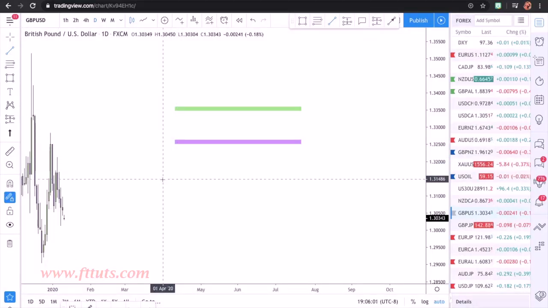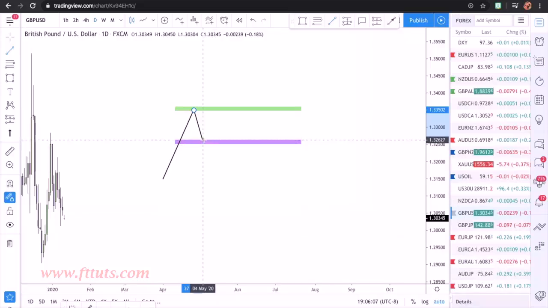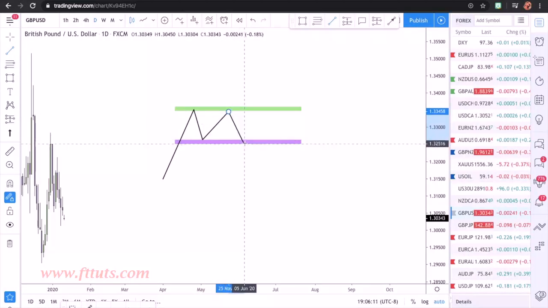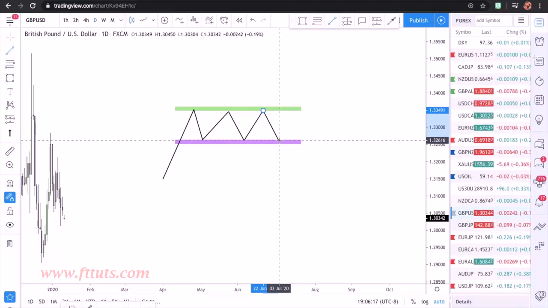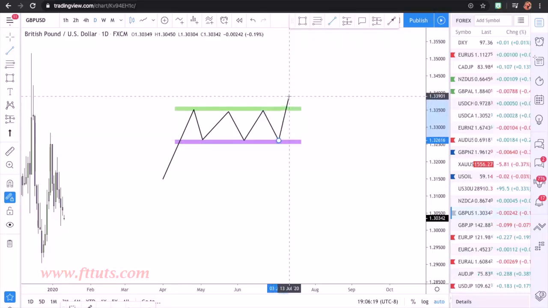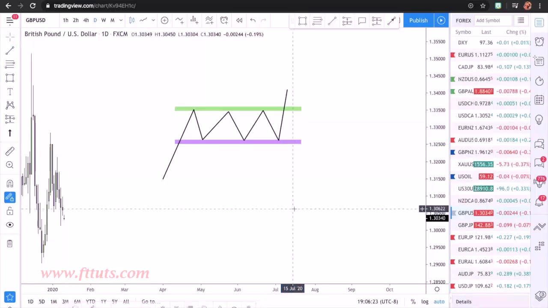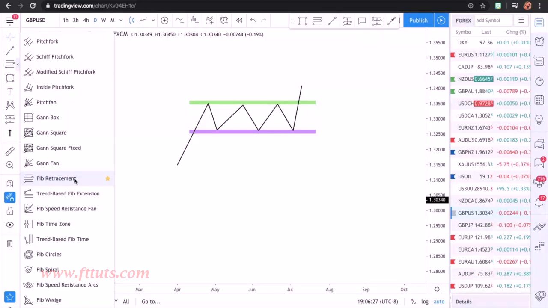So price is coming up, huge impulse up. Then we have price kind of moving in this range. Okay, and then price breaks out of this range. So what we're going to do is we're going to draw fibs.